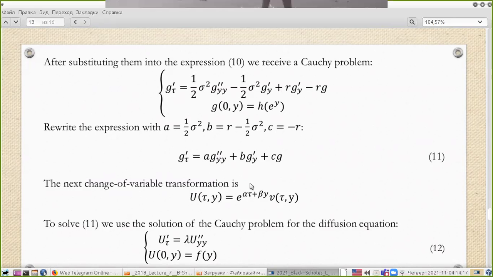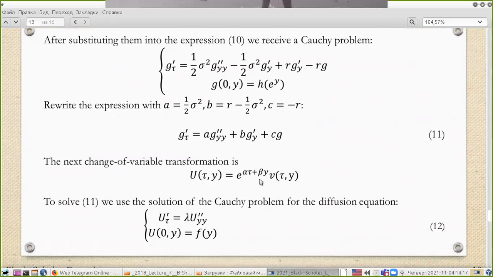The next change of variable transformation is well known, and maybe you know this from the course method of equations of mathematical physics. Yes, you remember this course.